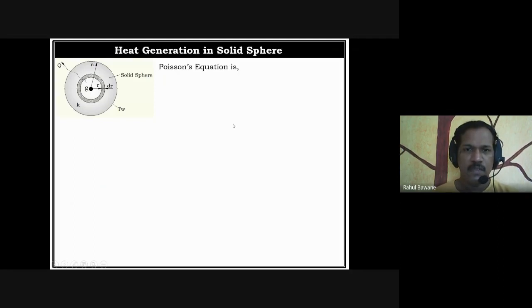Now, as we know, this whole problem requires only the one dimensional steady state heat conduction equation, that is Poisson's equation. Poisson's equation for a sphere is 1 upon r square d by dr in bracket r square dT by dr, plus g upon k equal to 0.